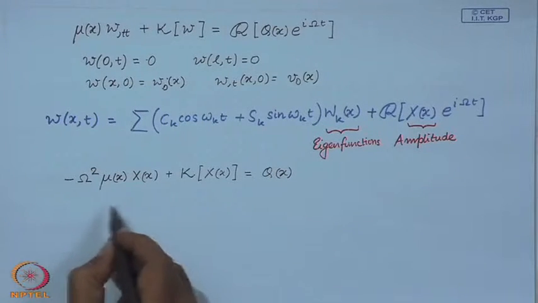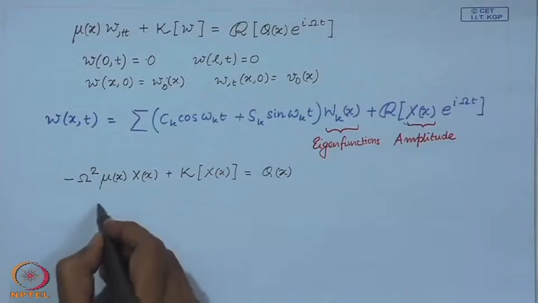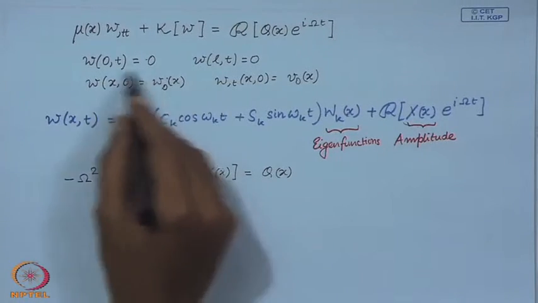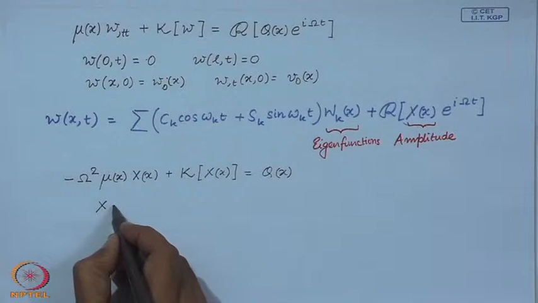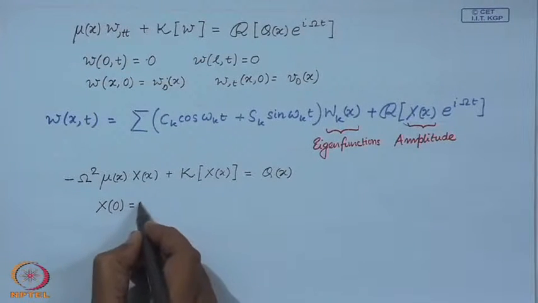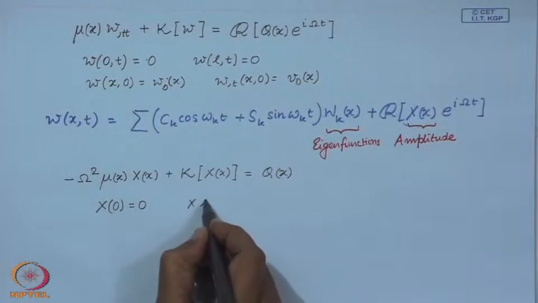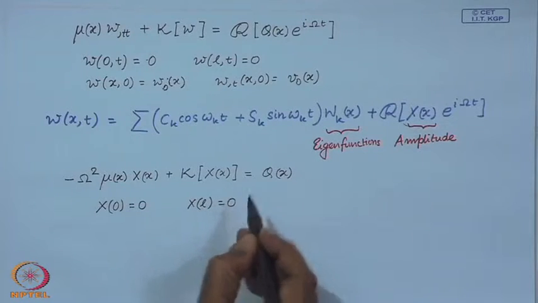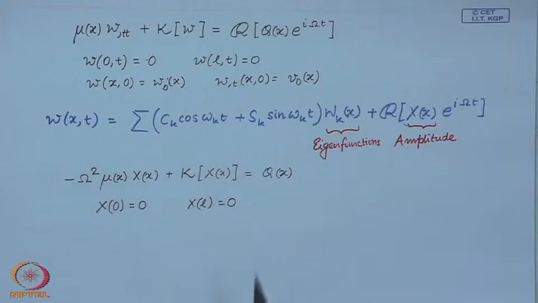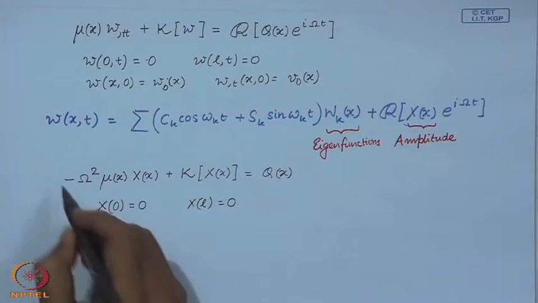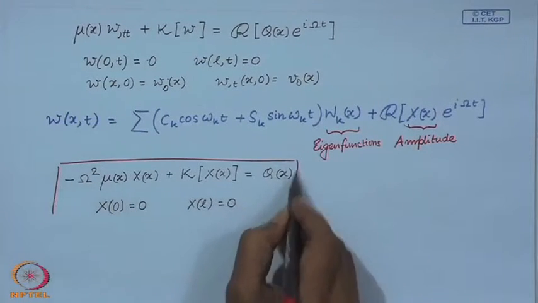and along with this the amplitude function of the particular solution must also respect the boundary conditions. So, for these boundary conditions correspondingly we have these as the boundary conditions on the amplitude function.